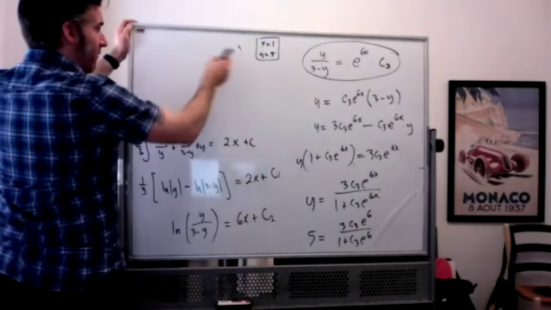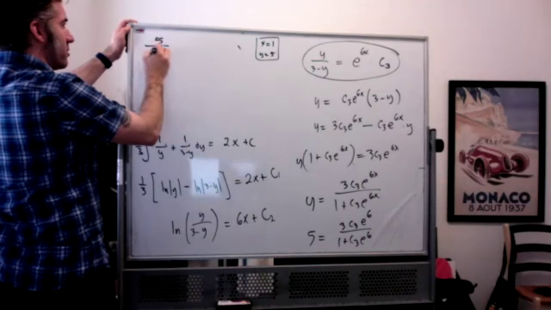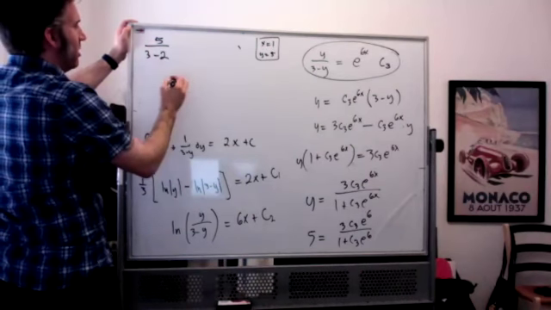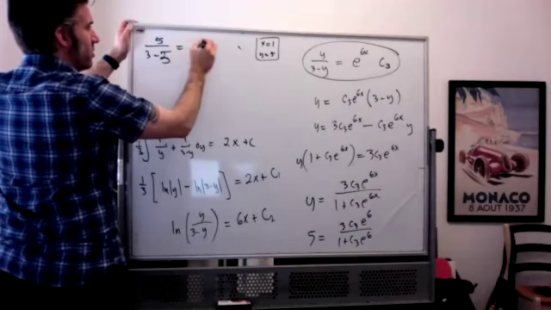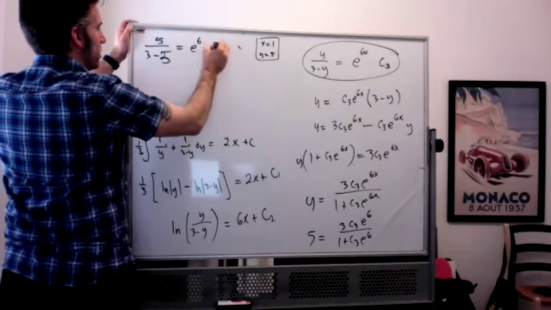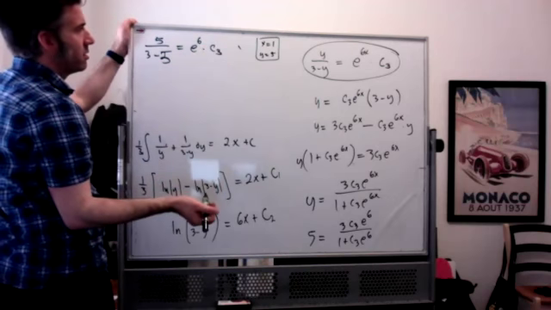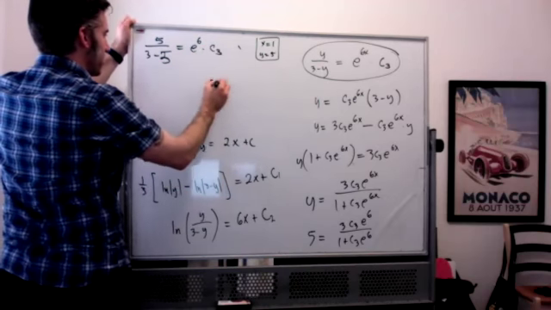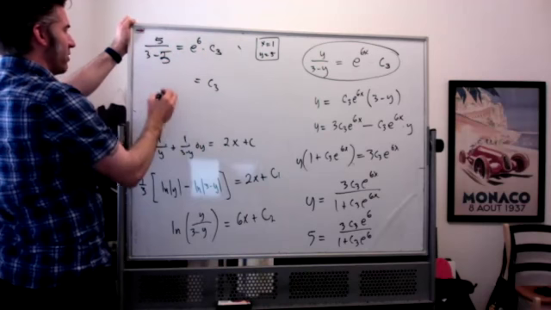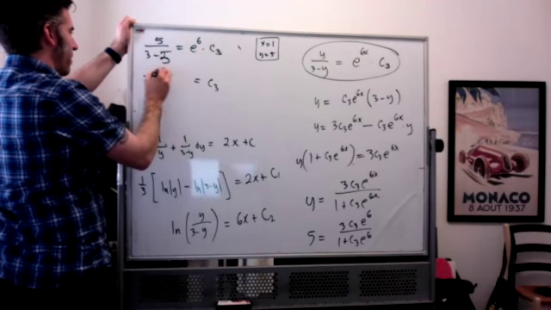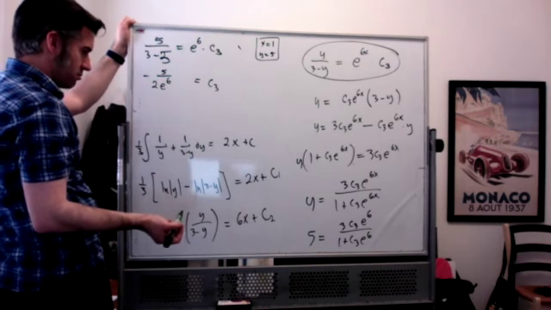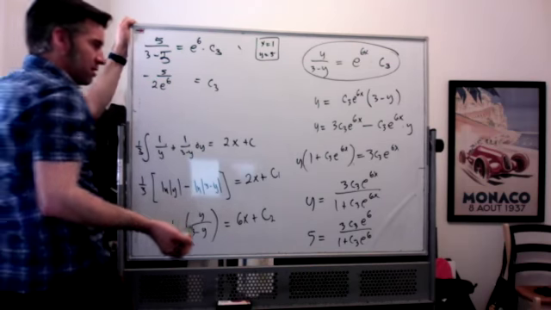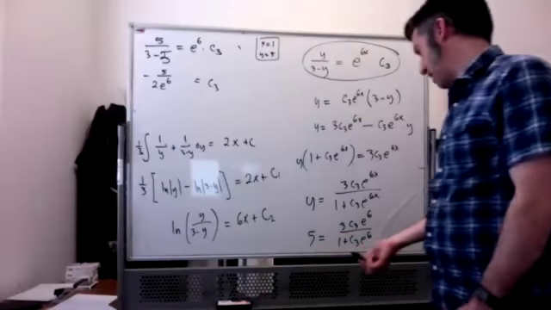So plugging in 5 for y. Interesting. Equal to e to the 6 times c3. So let's see, we're going to get c3 equal to 5 over -2, so -5 over 2e to the 6th. Crazy. So that's kind of a terrible pain.